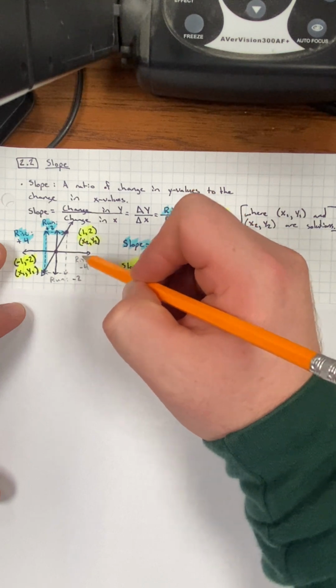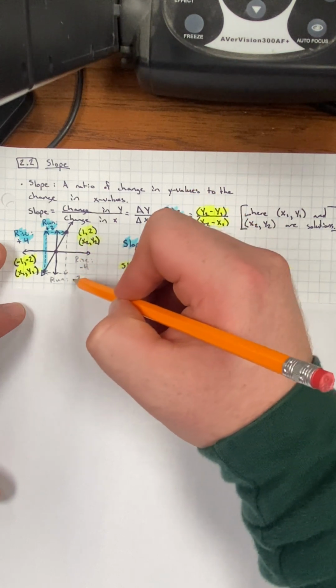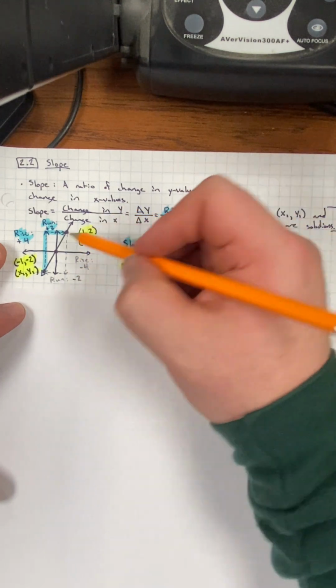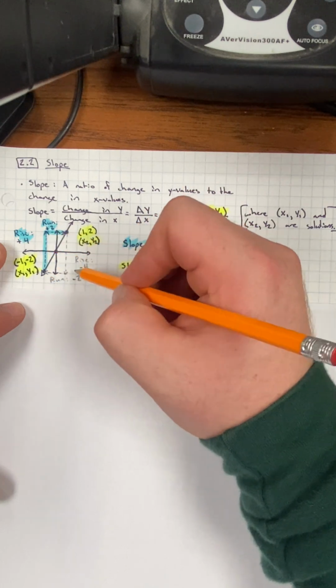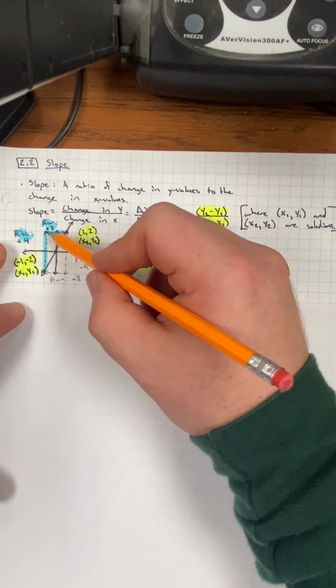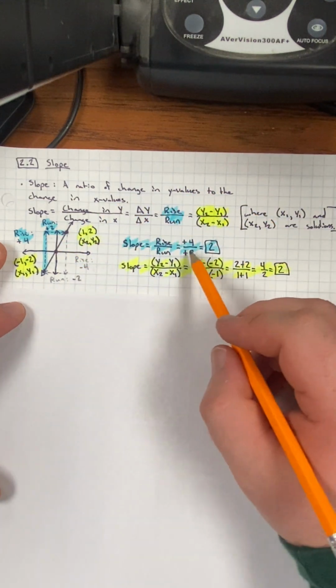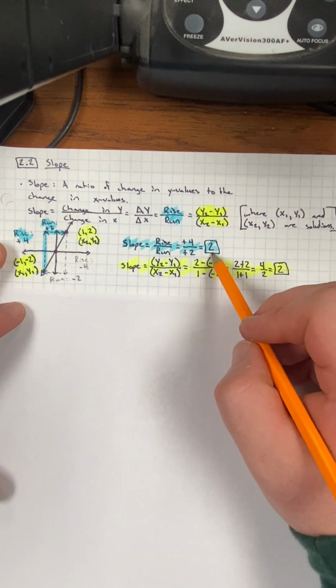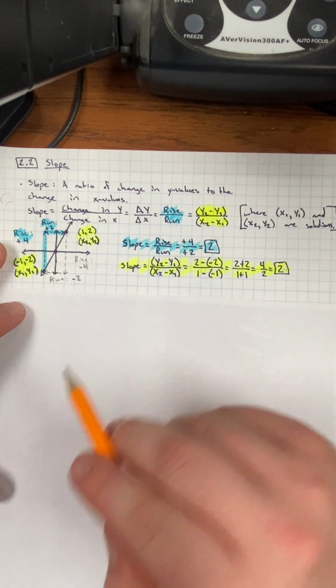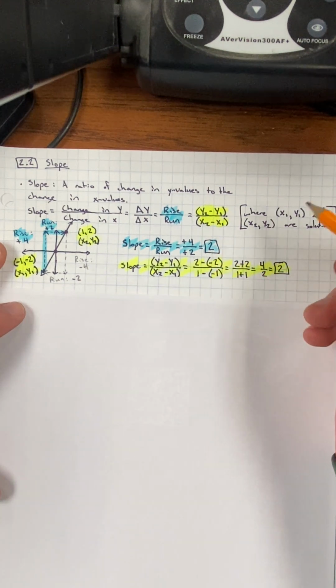So here we have opposite answers, a rise of negative 4 and a run of negative 2. Now you might be wondering, so which answer is right? Well, the answer is both of them. You'll get the same answer both ways, because think about it. If I've got positive 4 over positive 2, that equals positive 2.